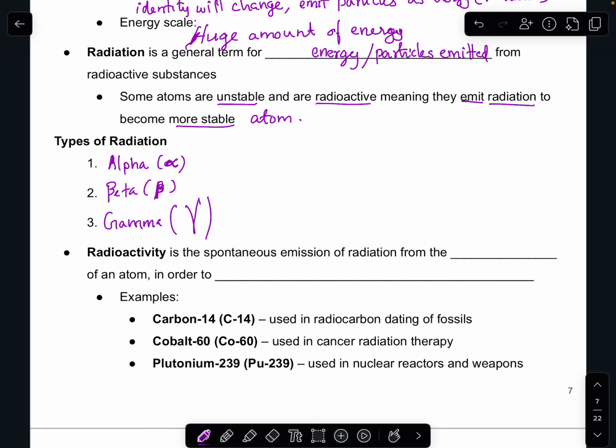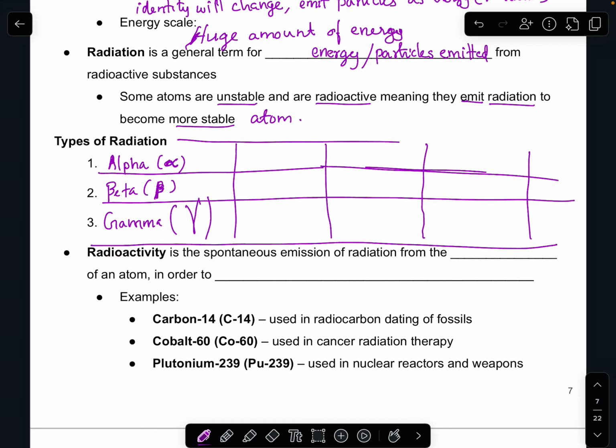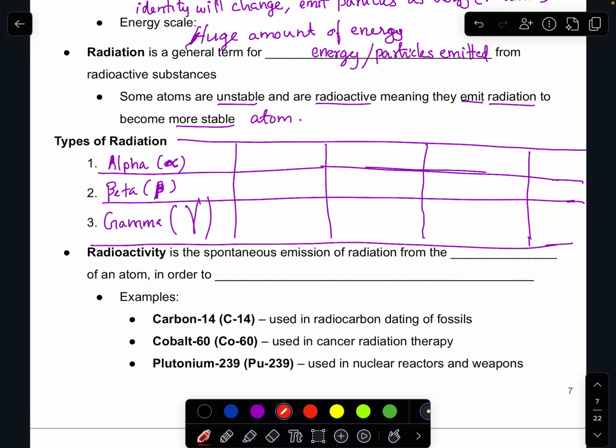I'm going to draw a few boxes so that we can include all the properties there. Alpha particles have positive charge, beta particles are negative, and gamma has no charge, which is neutral.